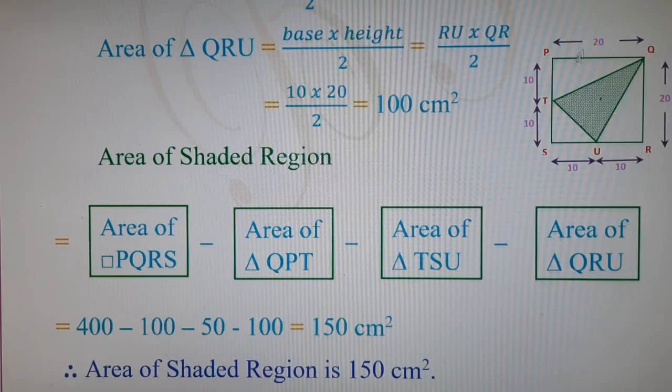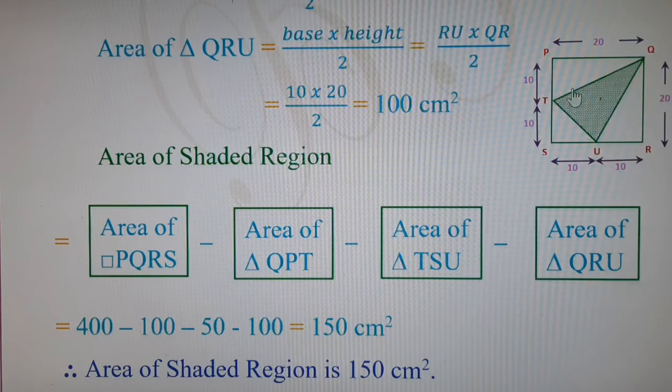Again I repeat, to find the area of this shaded region, we have to subtract the area of this first triangle, which is 100 centimeter square, and then the area of this second triangle, which is 50 centimeter square, and then the area of this third triangle, which is 100 centimeter square. So we will get 400 minus 100 minus 50 minus 100. 400 is the area of the square.